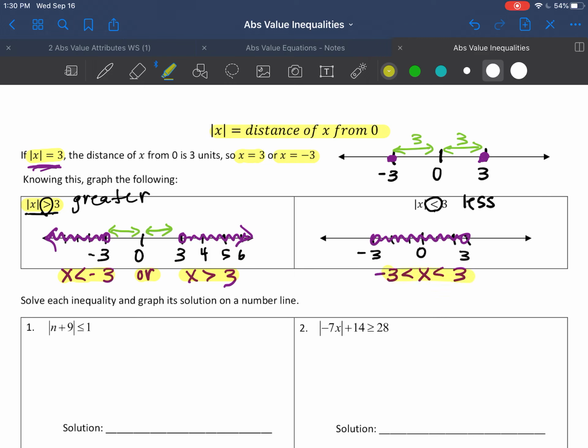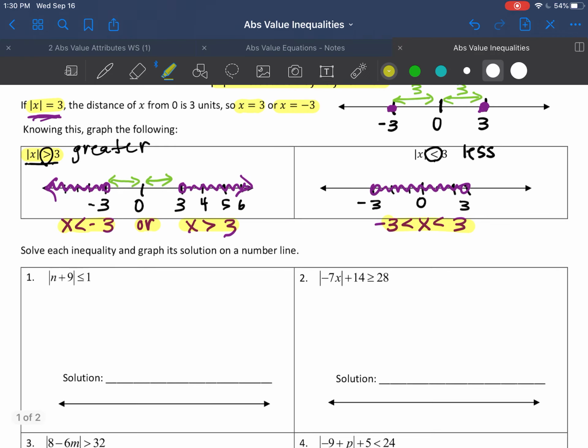All right, and so we're going to use this idea to solve these inequalities without using this number line. We're eventually going to put them on the number line, but to do it algebraically, you need to notice one pattern.